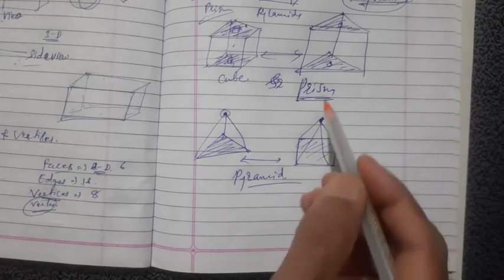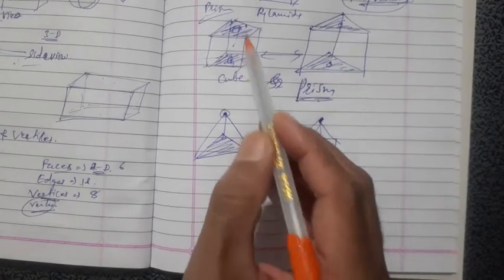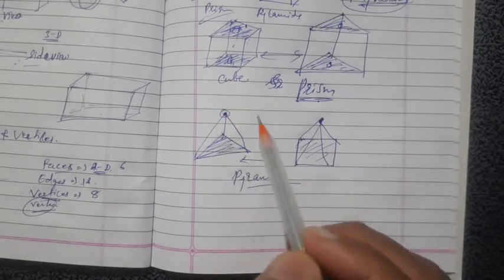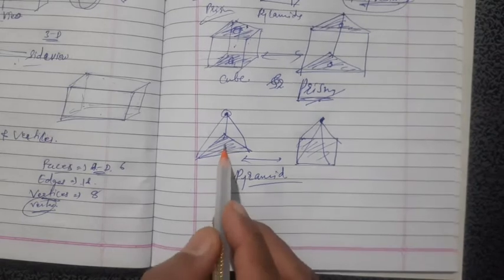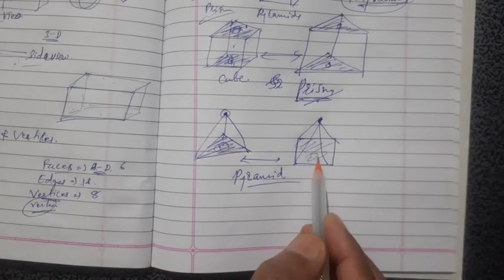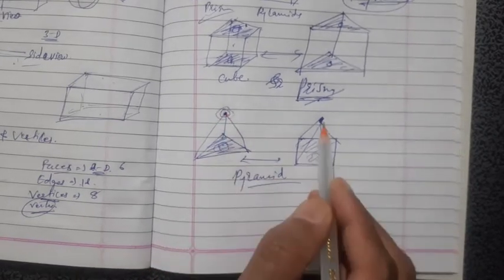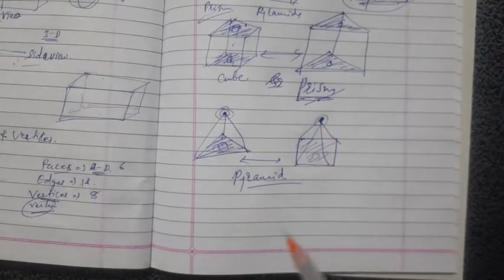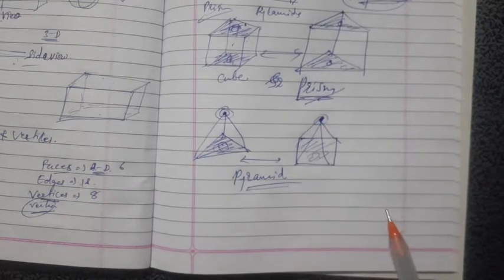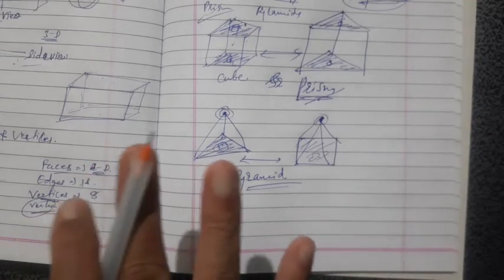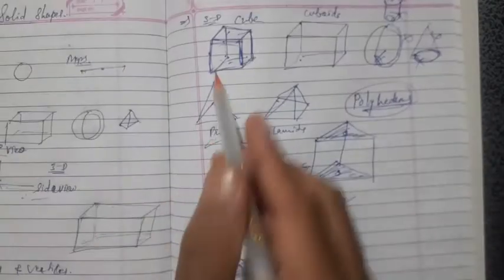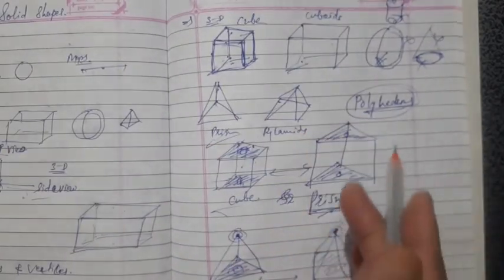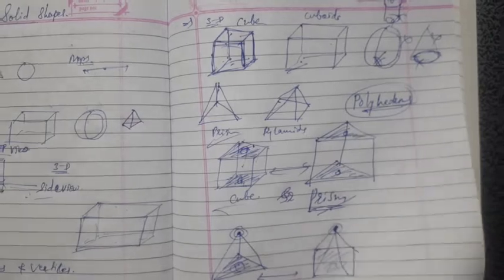So prism means if the top and base are congruent in shapes, they are called prism. And if the base is a polygon and top is a point, this type of shape is called pyramid. So here prism and pyramids are there. Here cube and cuboids are there. They are polyhedron.